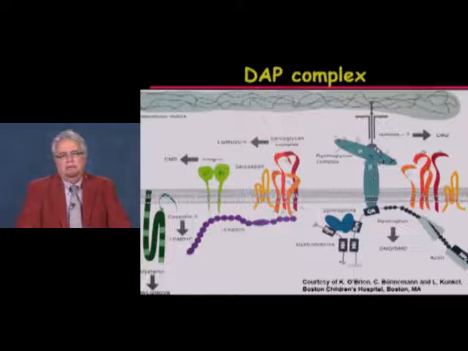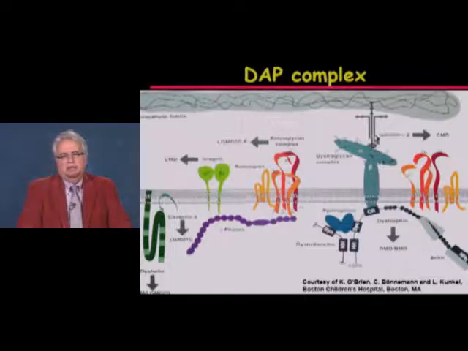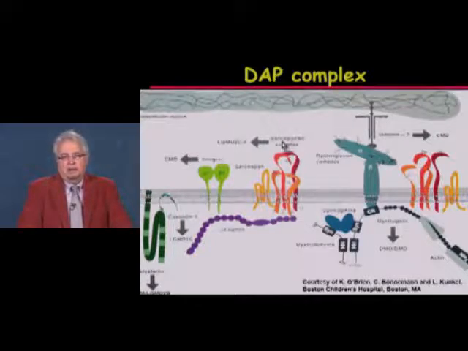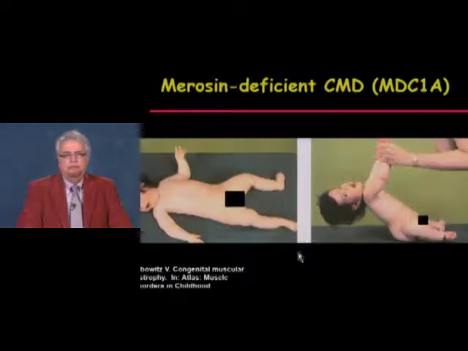And in merosin deficient CMD, there's a mutation in the alpha-2 chain of merosin, which disrupts the connection between the dystroglycan complex and the extracellular matrix, and therefore the entire complex seems to fall apart.